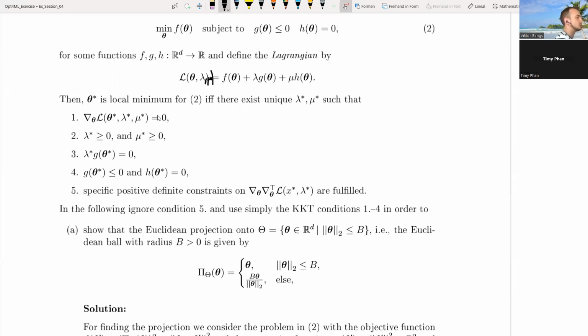This is quite similar to what we would have if we didn't have any constraint.